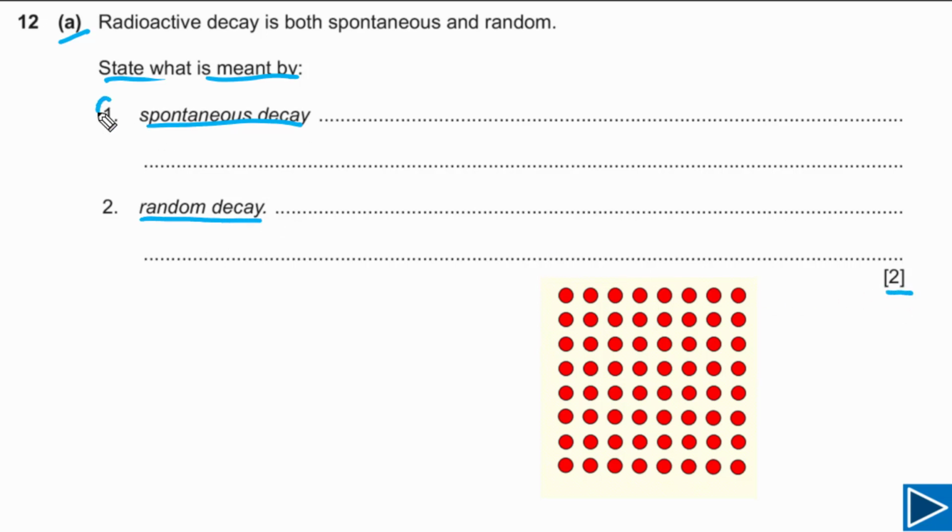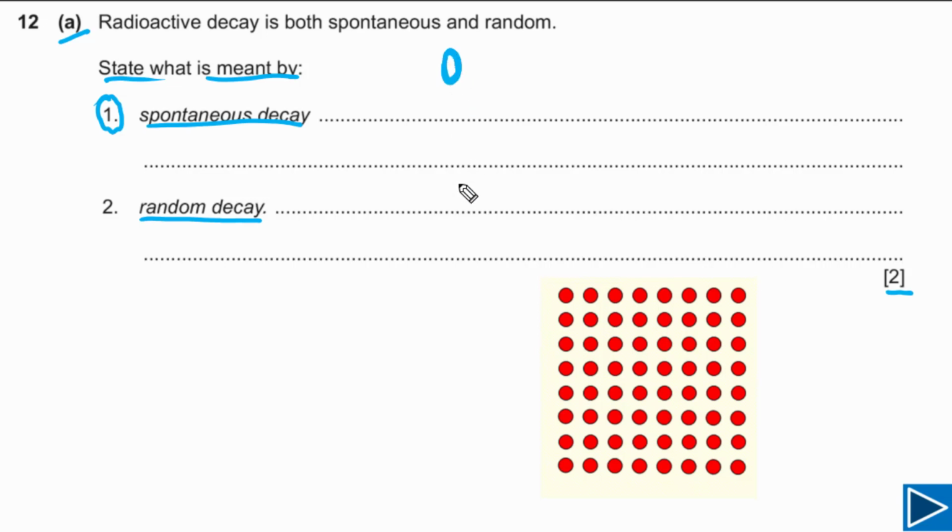First of all, we will only focus on what is meant by spontaneous decay. Spontaneous decay simply means that the radioactive decay does not depend on external factors such as temperature and pressure. For example, let's say this is one radioactive nucleus.